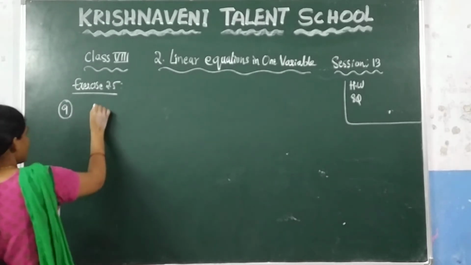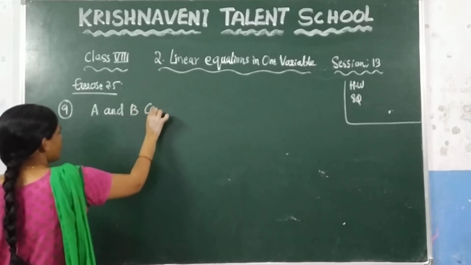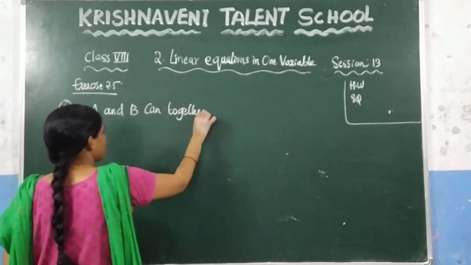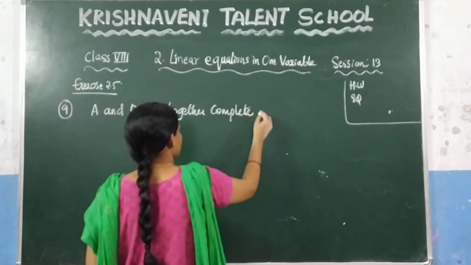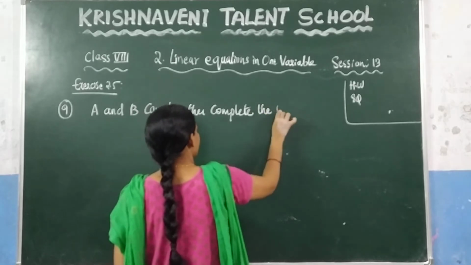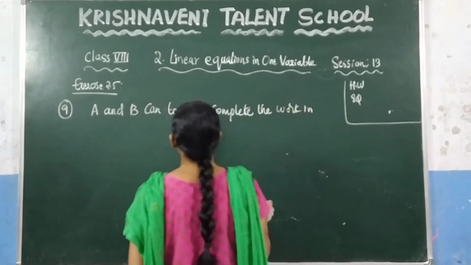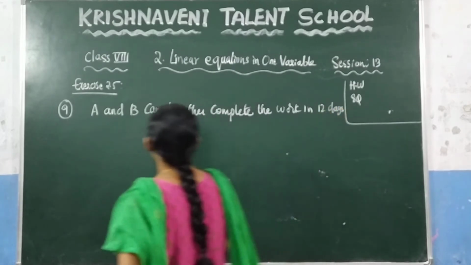So like this, A and B can together complete the work in how many days? They have given 12 days. So write it here.